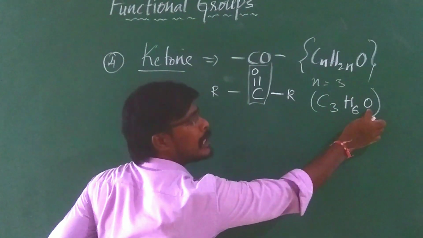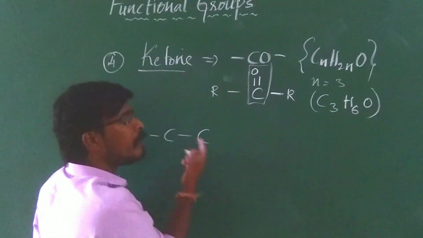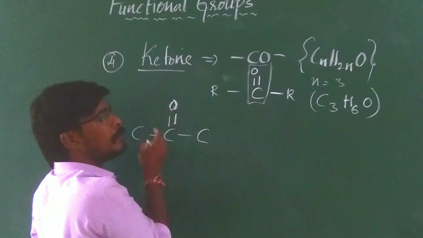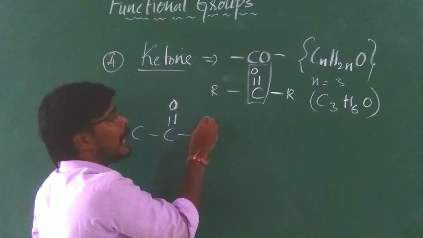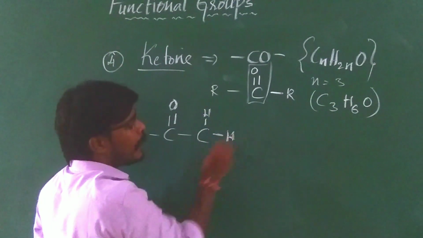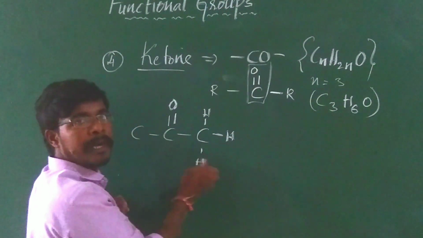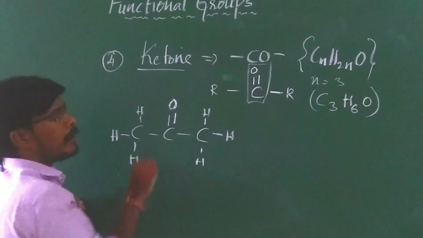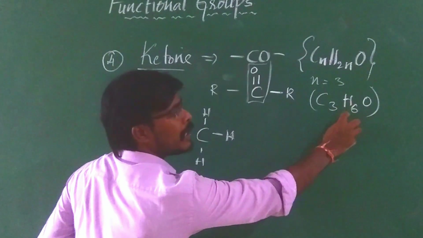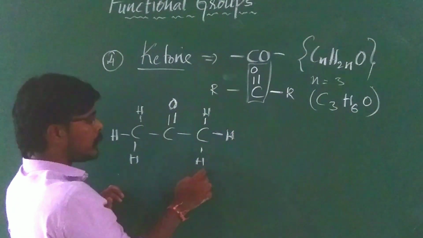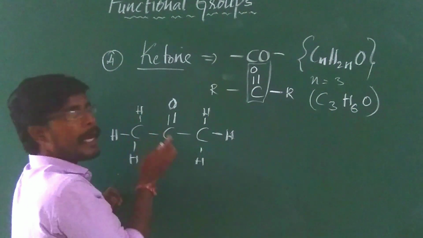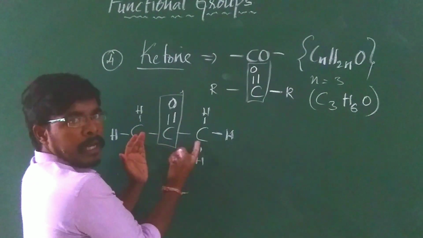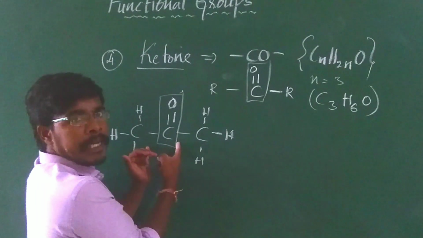Ketone in the sense this oxygen group will be in between two carbon atoms, so give that oxygen in the middle in between two carbon atoms, and the remaining will be satisfied. The valency of the carbon atoms is satisfied by hydrogen. How many hydrogens are there? 6. So 1, 2, 3, 4, 5, 6. If an oxygen atom is in between two carbon atoms, then this is a ketone.